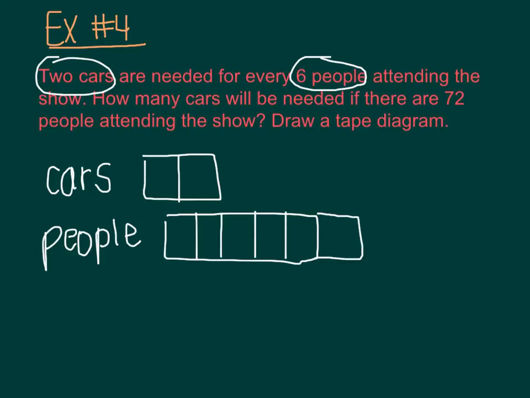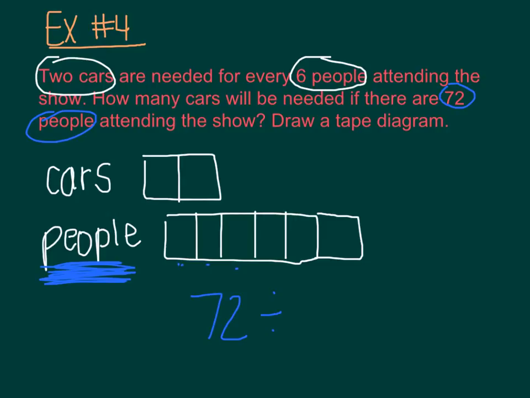Now we want to know how many cars are needed if there's 72 people attending. So 72 people is my total. I'm just looking at the people part right now. So I have 72 people, and I have to divide that up between my 6 boxes.